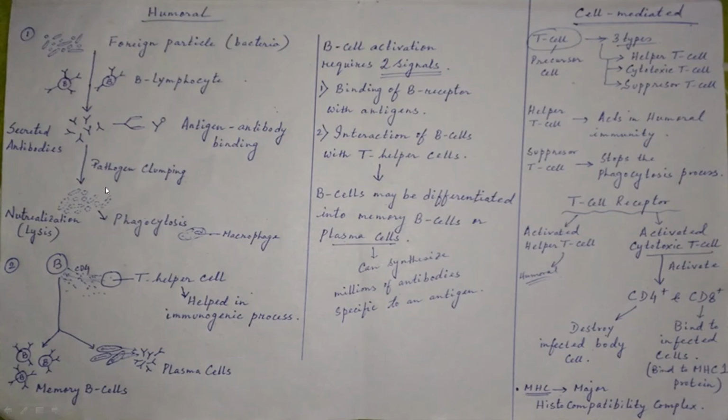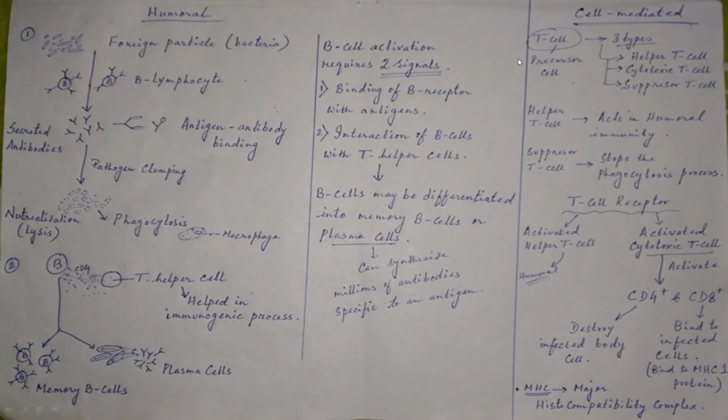In the same process, after the antibodies bind with those specific antigens, neutralization occurs again. Pathogen clumping and neutralization, that means through phagocytosis, and that foreign particle will be destroyed in our body. It will not be able to create any disease or establish any kind of disease in our body the next time.